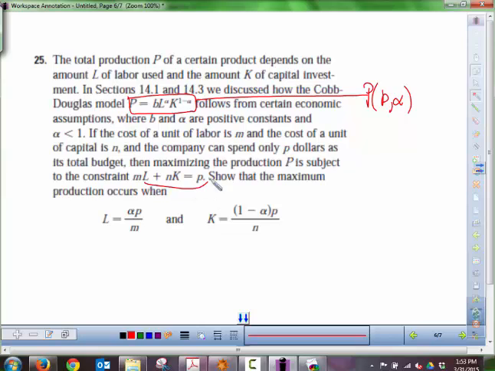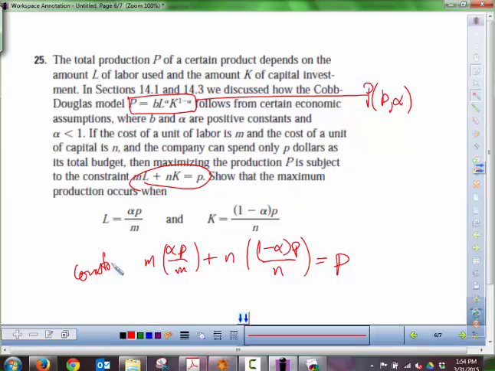And then your constraint is this: M alpha P over M plus N, K is 1 minus alpha P over N is equal to P. So this is your constraint. If you try to simplify that, it looks like it'll just be another function of B and alpha, and so you're on your way to solving for this problem.